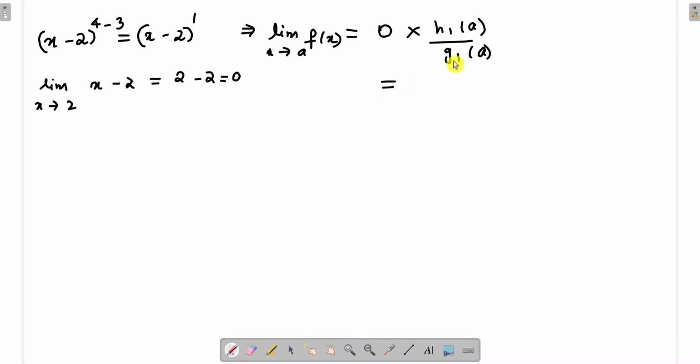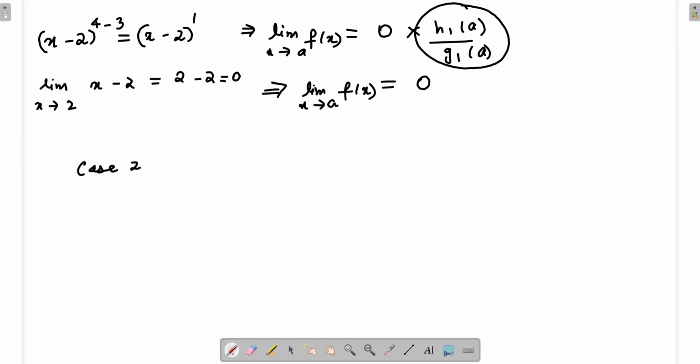Now you can observe here h1(a) is divided by g1(a), and we know that g1(a) is not equal to 0, right? So this will be a well-defined quantity, and 0 times a well-defined quantity is 0. Okay, so limit as x tends to a of f(x) will be 0. So that is about case 1.